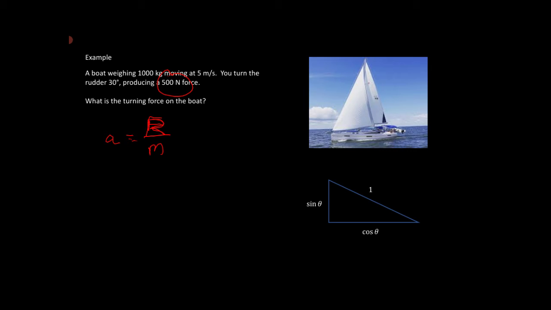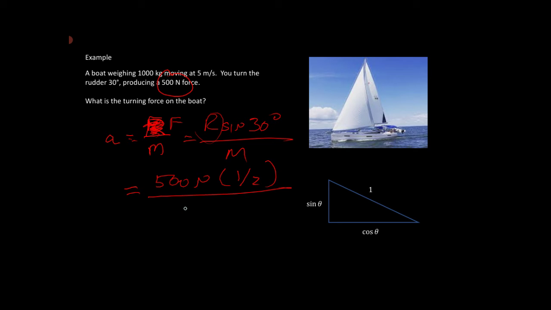So our acceleration here is really just force over m, which is R sine 30 degrees over the mass. R here is going to be 500 newtons, sine of 30 degrees is 1/2, and the mass is 1,000 kilograms.